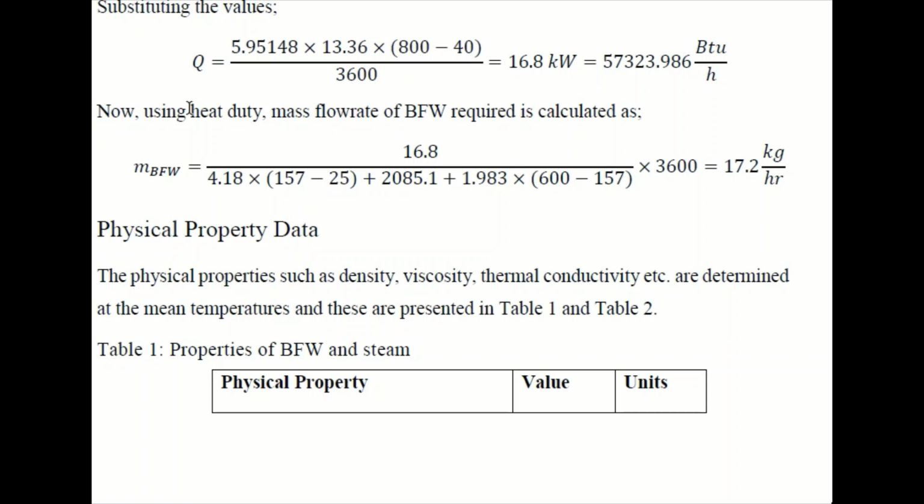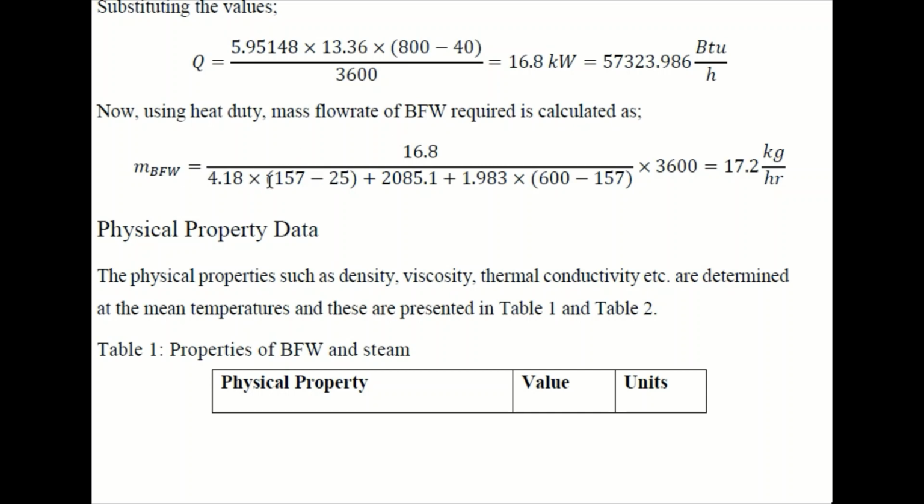Then the next step is to calculate the mass flow rate of boiler feed water, which is required in order to cool the gaseous stream from 800 degrees Celsius to 40 degrees Celsius. With the help of the heat duty we just calculated in the previous step, we can determine the boiler feed water. The formula is the same, Q equals m Cp delta T. By rearranging, we have the heat duty here.